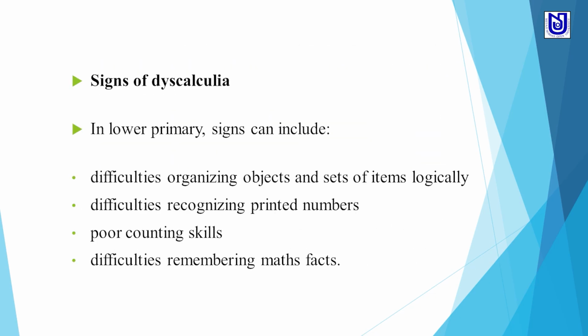The signs of dyscalculia. In the lower primary, signs may include difficulties organizing objects and sets of items logically, difficulties recognizing printed numbers, poor counting skills, difficulties remembering mathematical facts.